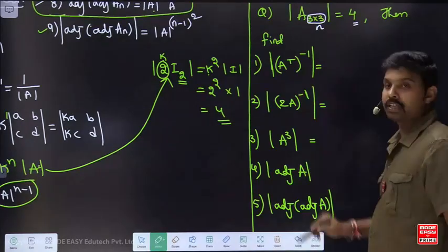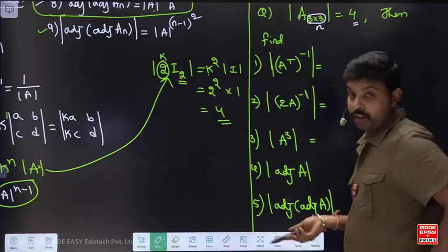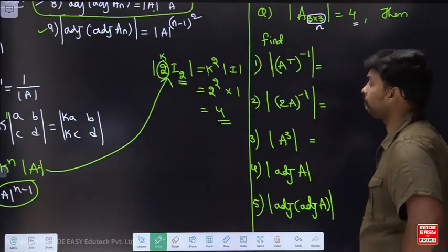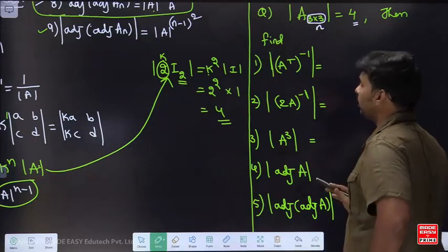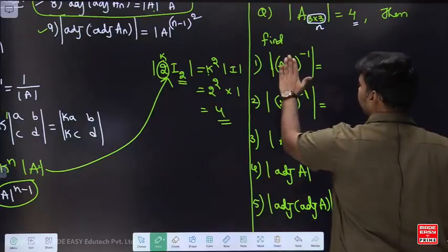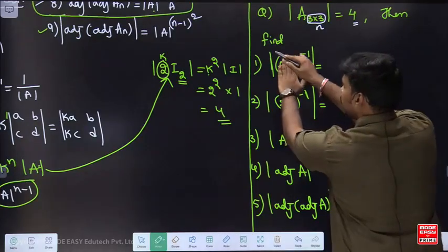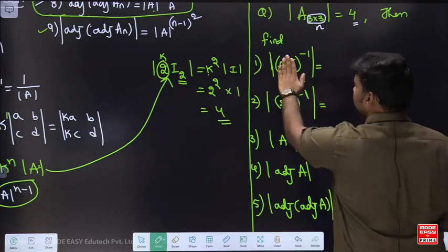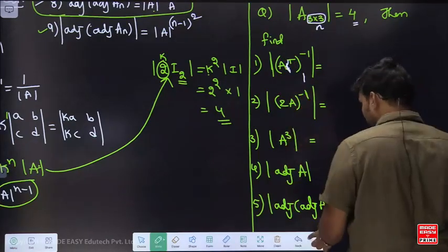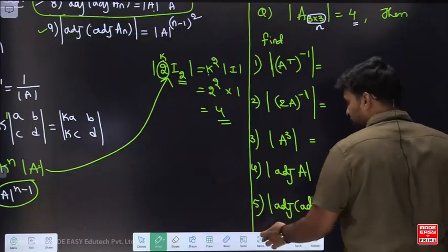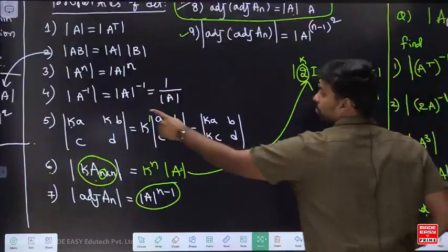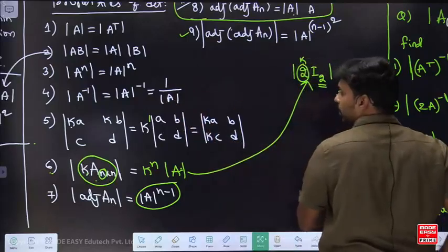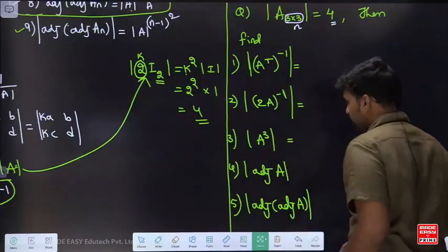Okay, then what is the determinant of inverse of its transpose? So basically, see, it may be anything here. It is the determinant of the inverse of some matrix, right? So the determinant of an inverse of a matrix is given by the reciprocal of its determinant.